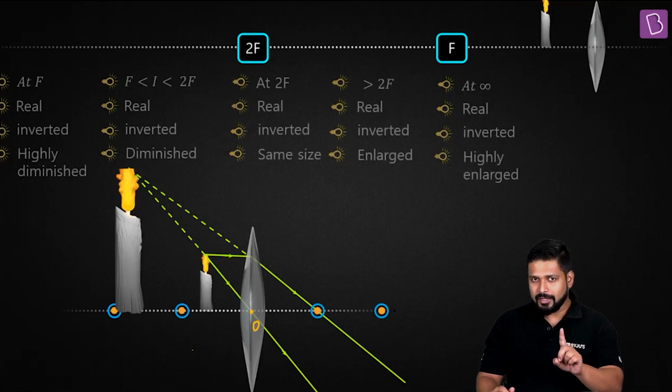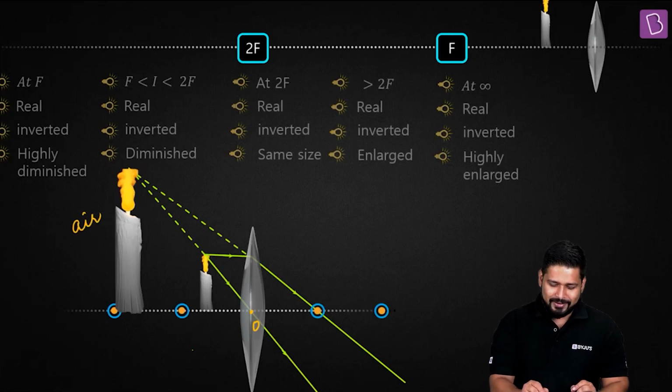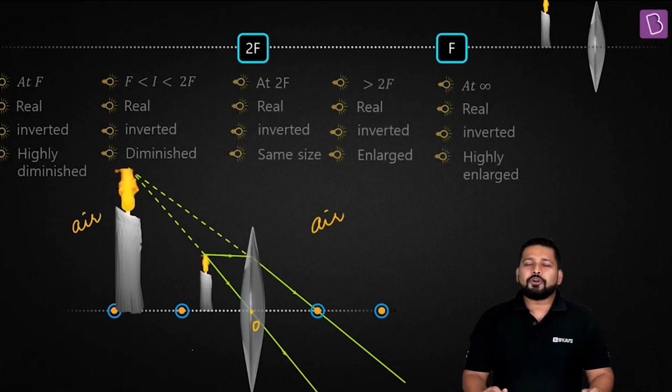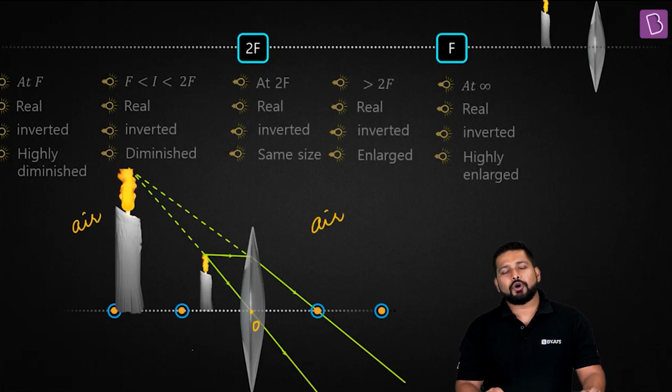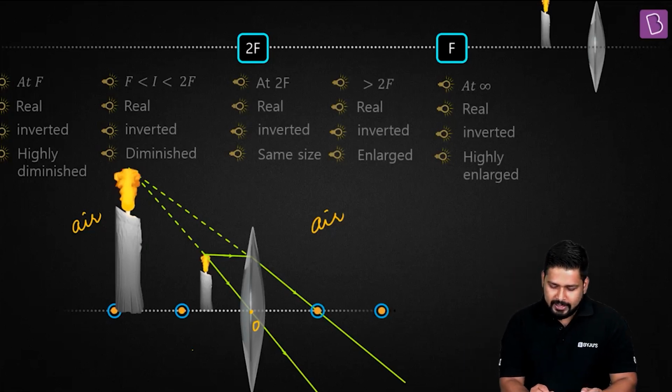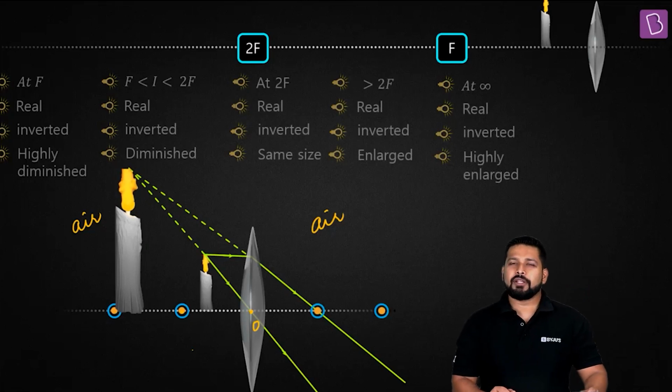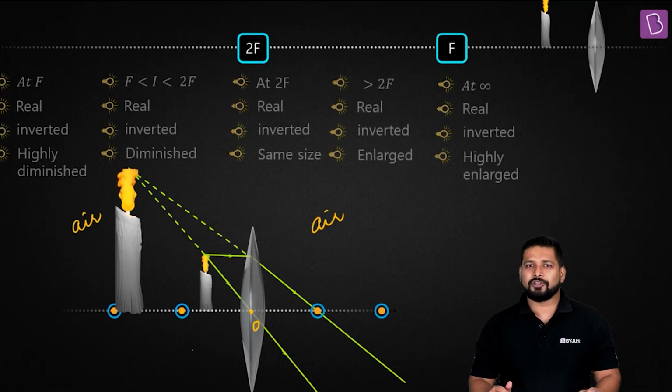That is a disclaimer that you need to remember. The medium is air. It always gives you a real image, except when the object is between the focus and the optical center. In only that particular case, you get a virtual enlarged image.